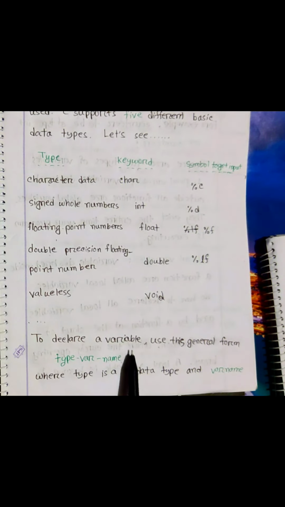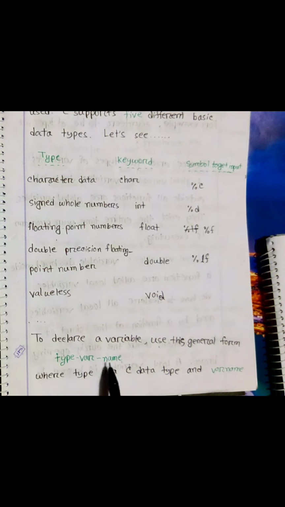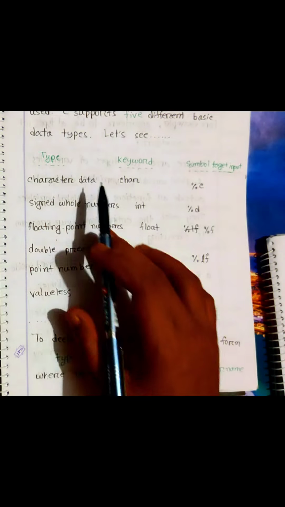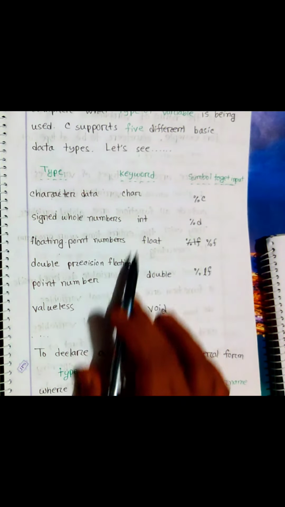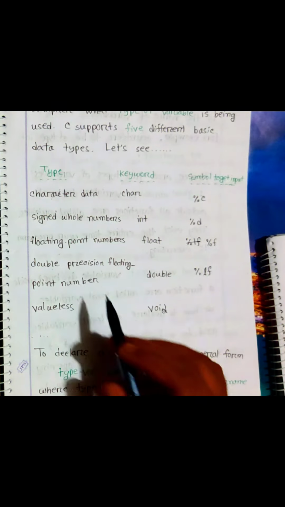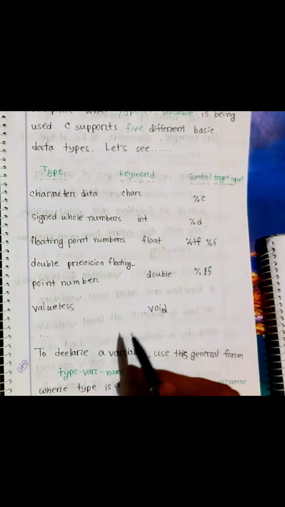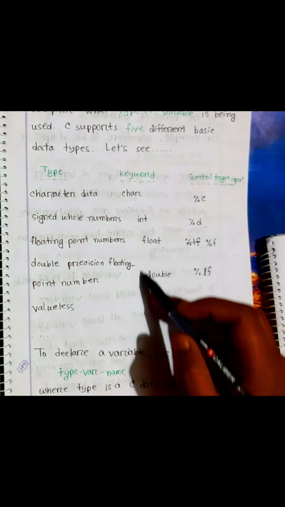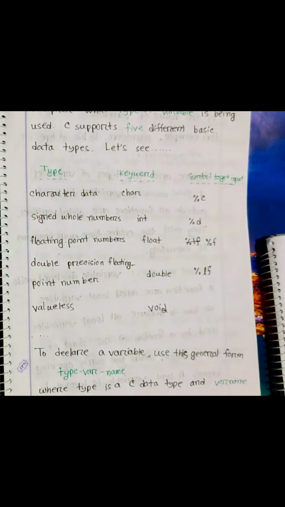To declare a variable, use this general form: type variable name, where type is a C data type. You can use these keywords in type.